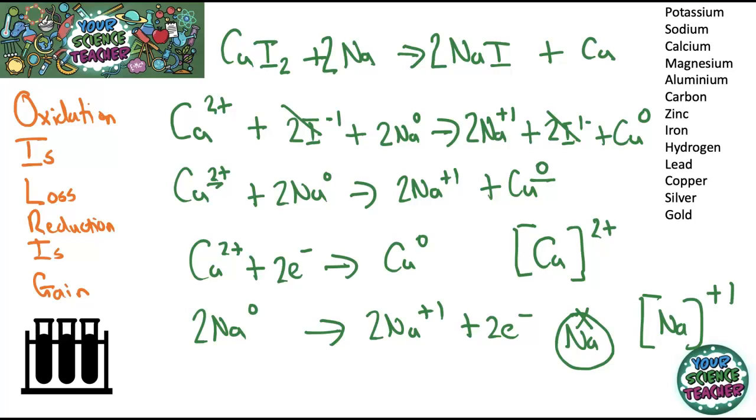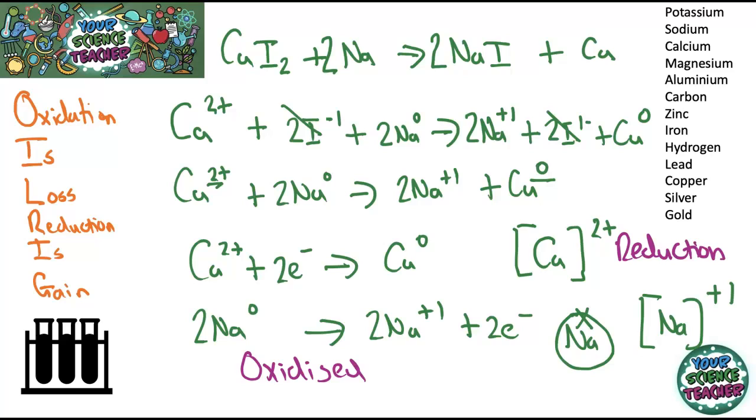So let's talk about these in terms of oxidation and reduction. Well, if I look at calcium, it's gained electrons, so this one must be reduction. And what's happened with my sodium? Well, it's lost electrons, so my sodium has become oxidized.